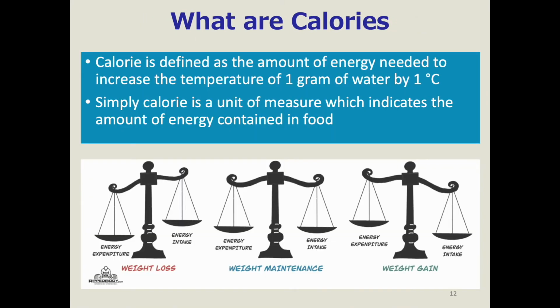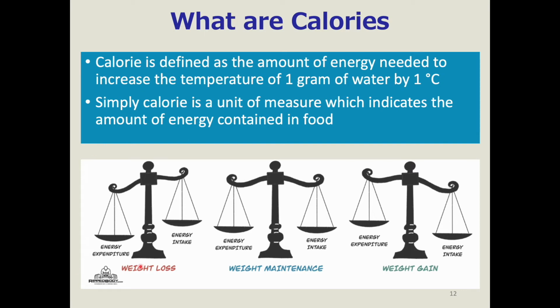Before going into the lifestyle modification part, we need to know about some concepts. One concept is about calories. A calorie is defined as the amount of energy needed to increase the temperature of a gram of water by 1 Celsius. Simply, a calorie is a unit of measure which indicates the amount of energy contained in food. This is needed when we are advising patients regarding dietary intake.